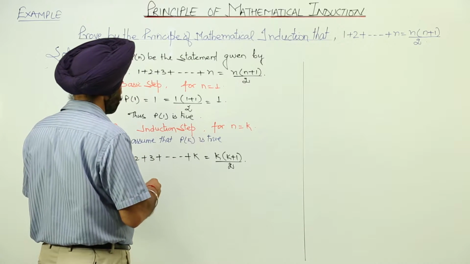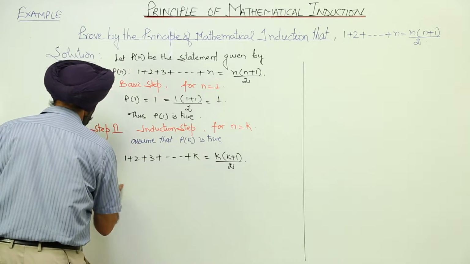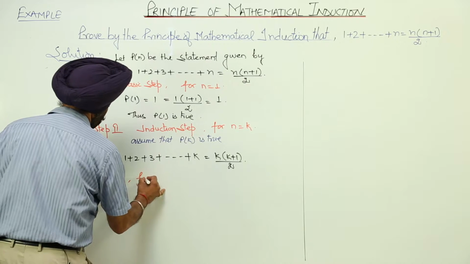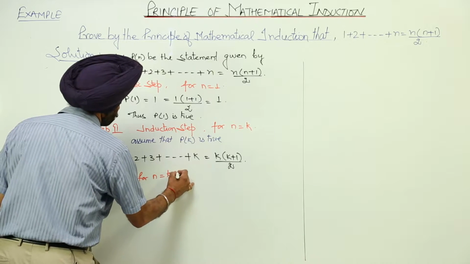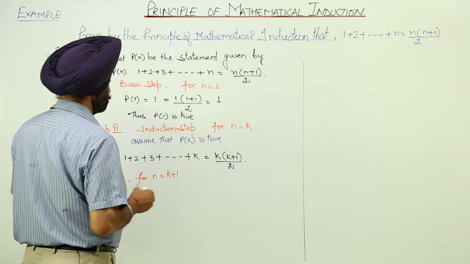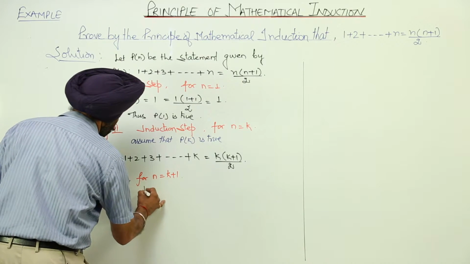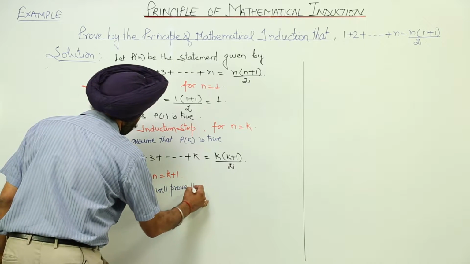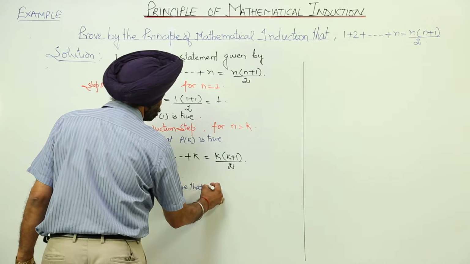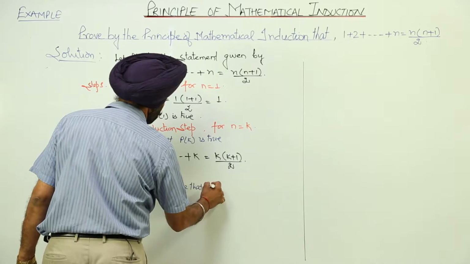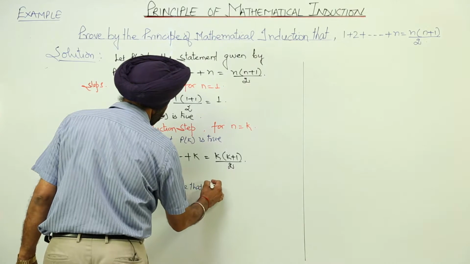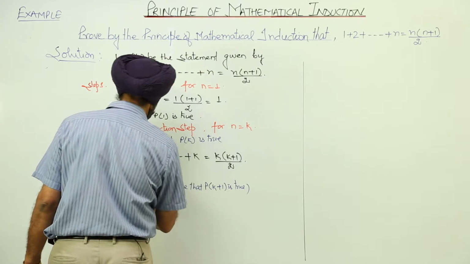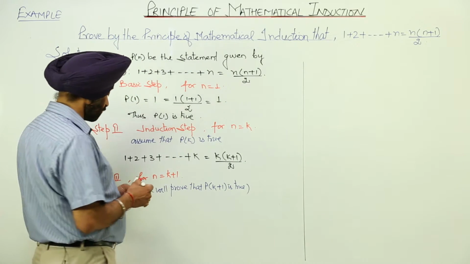Now, step 3. For n is equal to k plus 1, we will prove that P(k plus 1) is true. Now, this we are going to prove now.